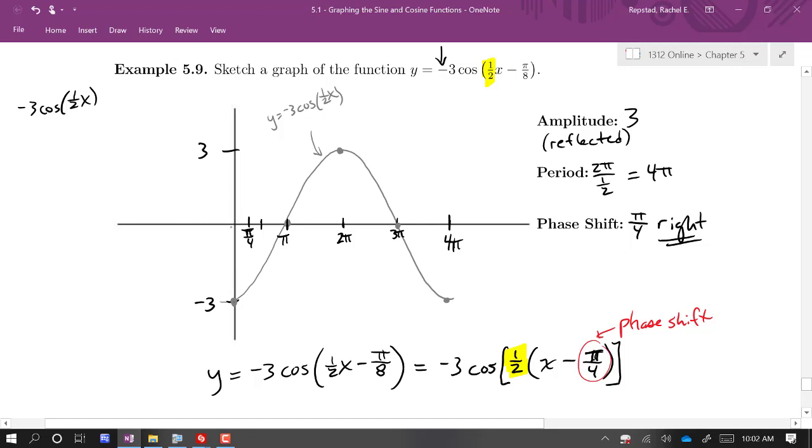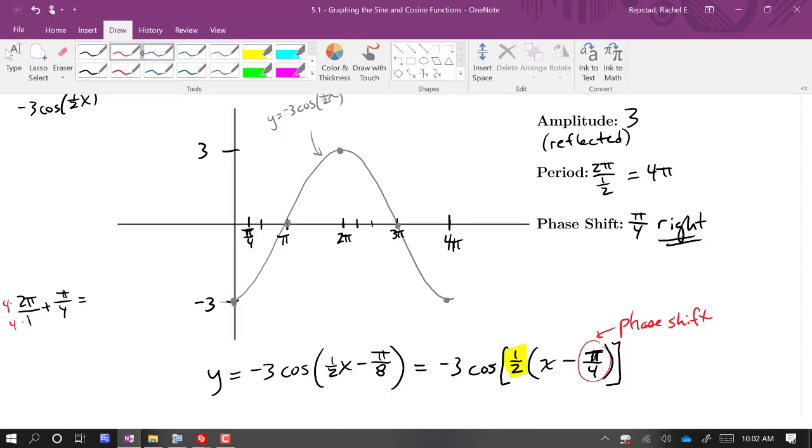I'm going to find the rest of these just by adding pi over 4. So this one right here, after 2 pi, I'm going to take 2 pi over 1 plus pi over 4. I can get a common denominator. That's 8 pi over 4 plus pi over 4. That's 9 pi over 4.